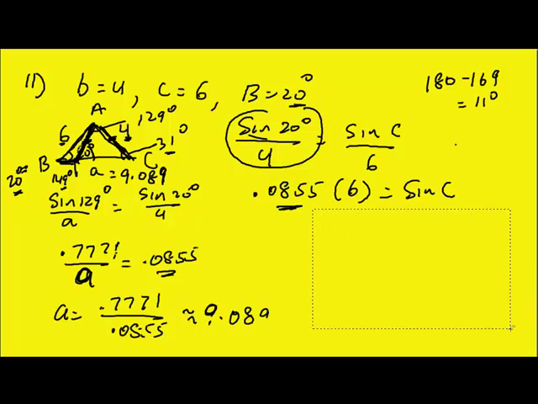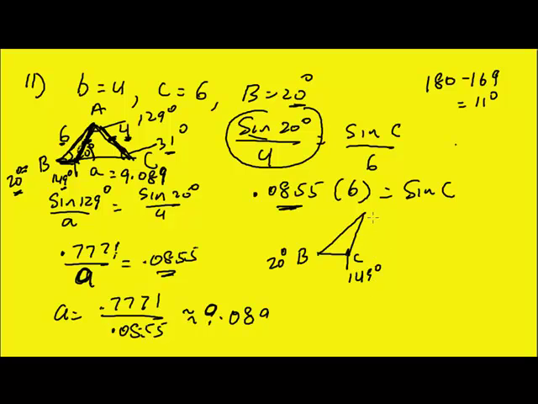And okay, so we're talking about a different triangle now, where it looks like this. Okay, I redraw that. That's going to be angle B, and that's my 20 degrees. And this is my angle C, and that is my 149 degrees. And this is my angle A, which happens to be 11 degrees.